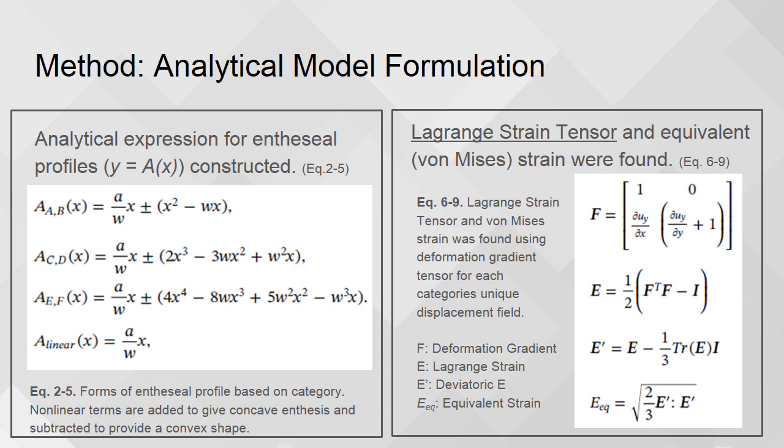This differentiation is made on whether you add the nonlinear terms, which will make it concave, or subtract them to make them convex. On the right side are the familiar equations used to find the Lagrange strain tensor. To find the strain tensor, the deformation gradient was determined based on the displacement field from the previous slide. The Lagrange strain tensor, denoted E, was used to solve for the equivalent strain, denoted EEQ.